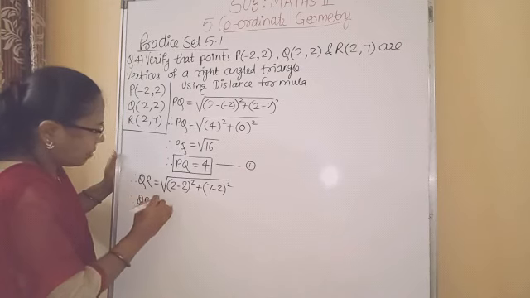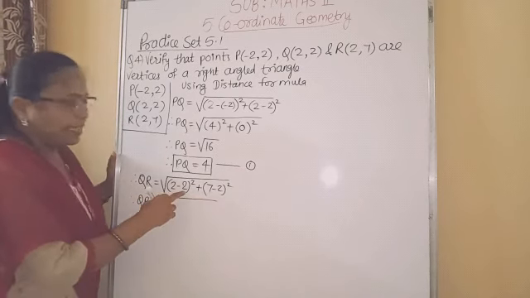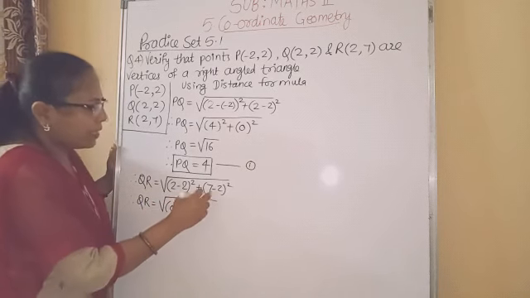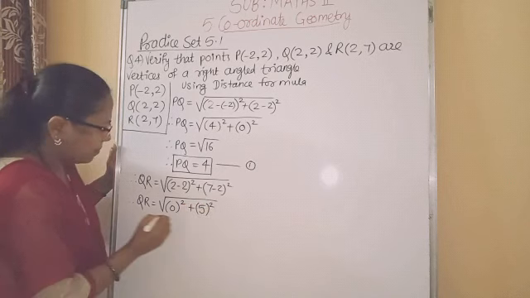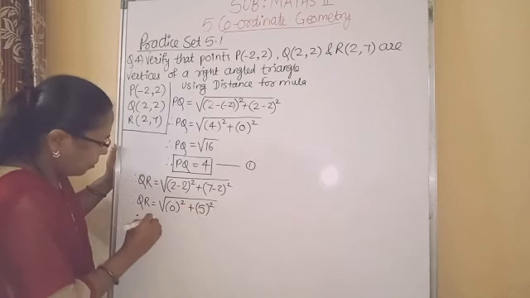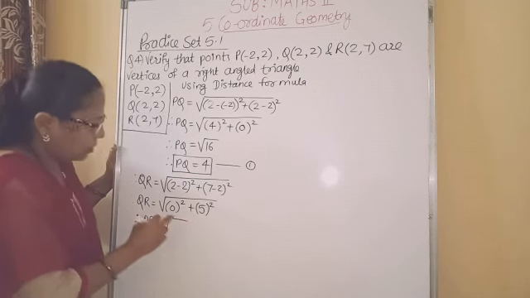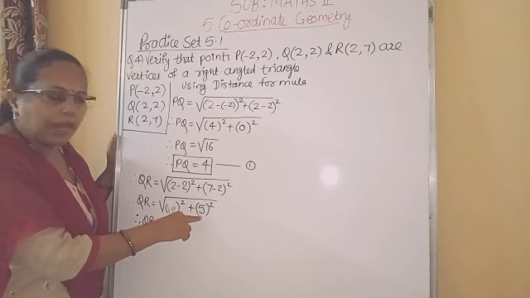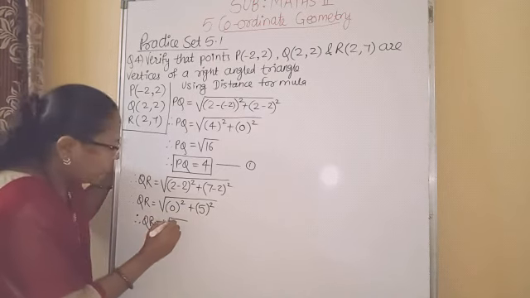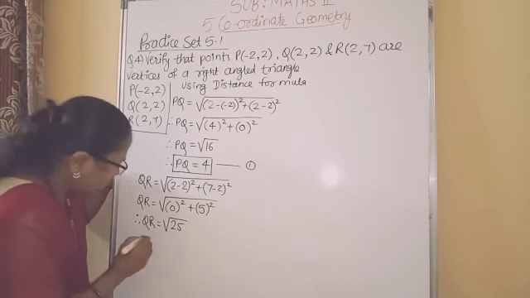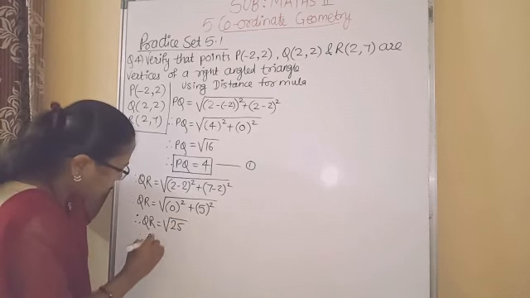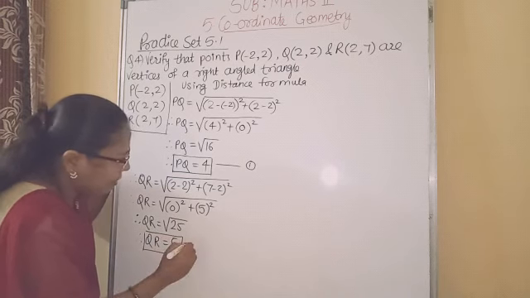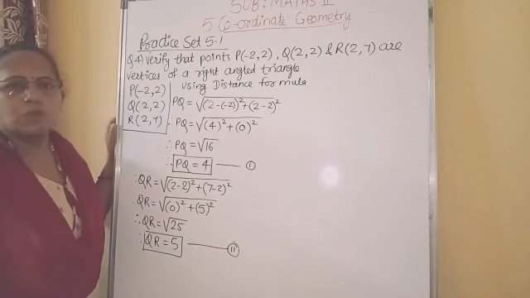Therefore QR is equal to square root of (2 minus 2, 0) square plus (7 minus 2, 5) square. Therefore QR is equal to 0 square is 0 plus 5 square 25. So 25 plus 0, 25, and square root of 25 is 5. So QR is equal to 5. Here give statement number 2.